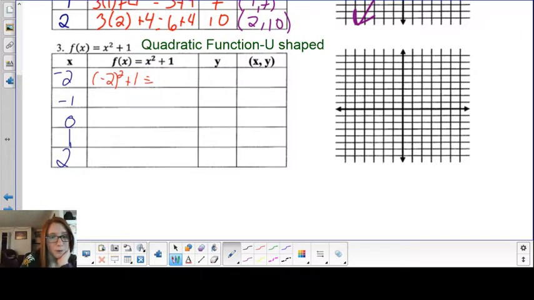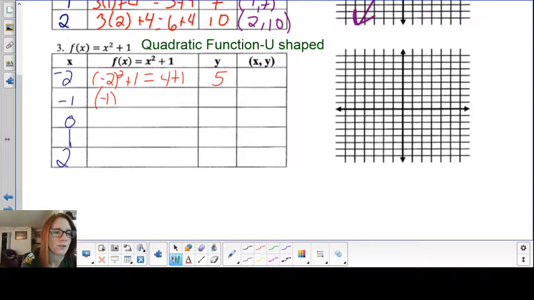Those are not meant to be 3 equal signs. That is supposed to be me trying to write an equal sign. It doesn't want to go. Hey, there we go. Okay. -2 times -2 is 4, plus 1. And 4 plus 1 is 5.